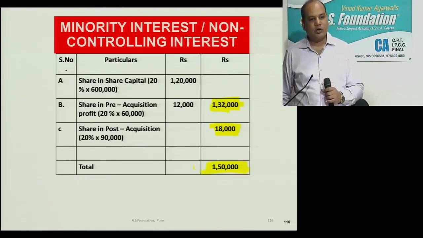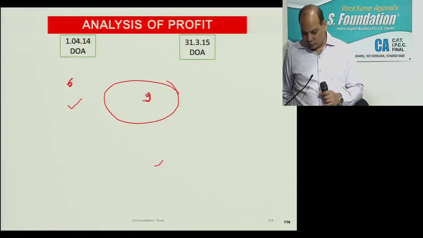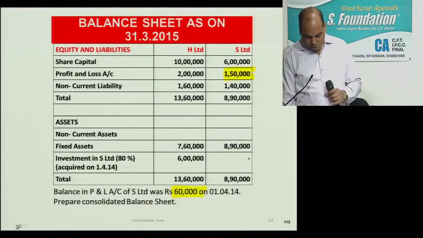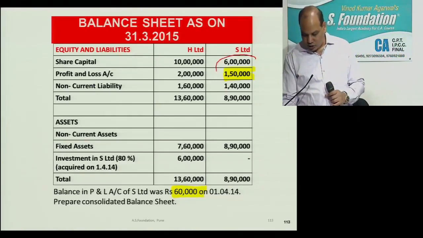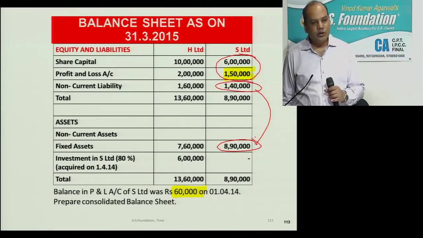We can cross check also, on the screen. This is the balance sheet. Suppose we don't have much time in the exam, a shortcut: share capital and P&L account, 7,50,000, or asset minus liability, 7,50,000 into 20%.